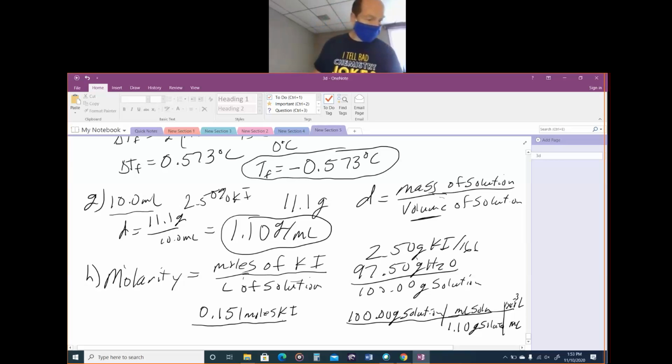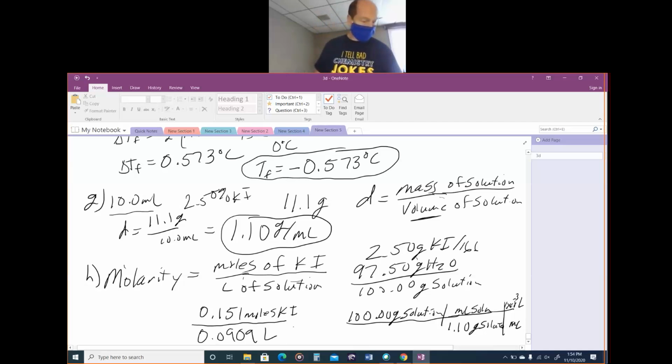So we take the 100 divided by the 1.10, and then times the 1 times 10 to the minus 3. And we get 0.0909, to 3 significant figures, 0.0909 liters.